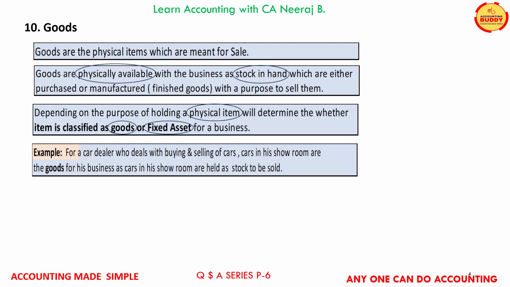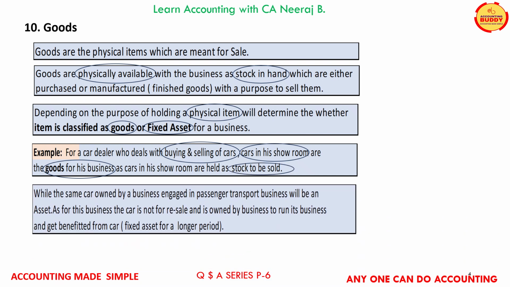Let us understand this point with an example. In case of a car dealer who deals with the selling of cars, the cars in his showroom are goods for his business, while the same car, if owned by a business which is engaged in the passenger transportation business, will be treated as a fixed asset.